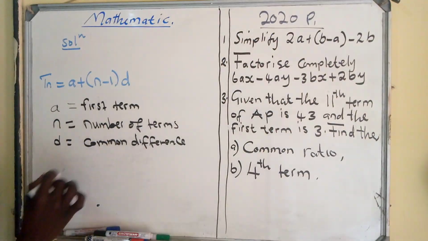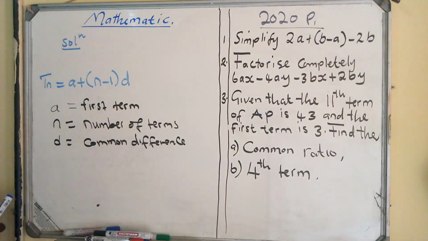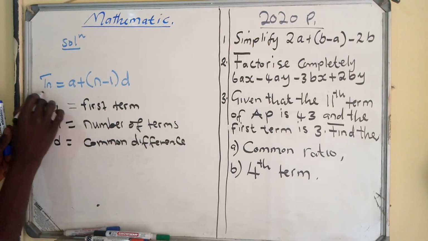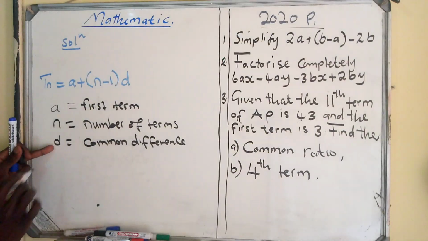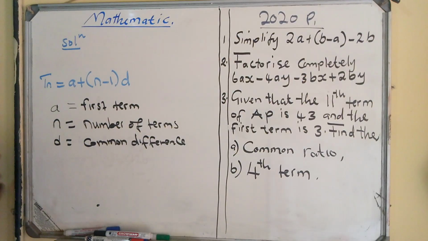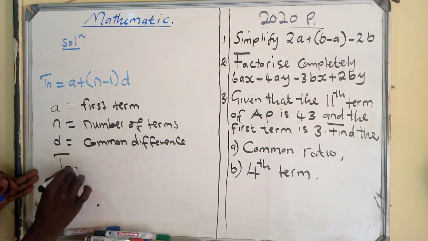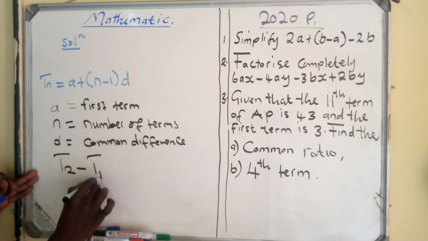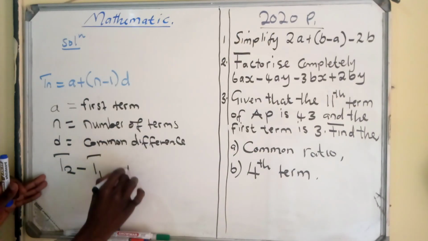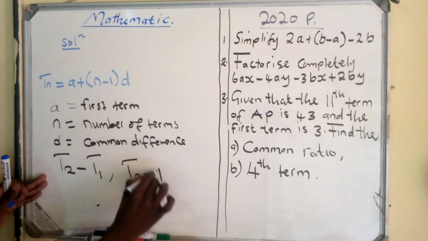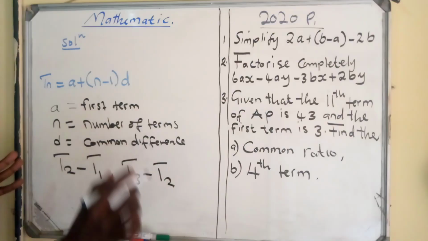So now, how do you find the common difference? So common difference is found in arithmetic progression by second term minus first term, and then third term minus second term, like that.